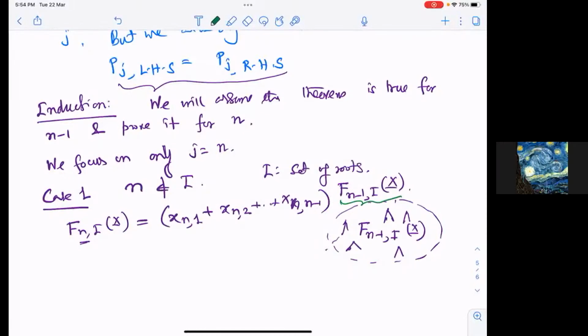Sir, but then no element will have n as its parent, right? No element will be connected to n as its parent. One minute. You are saying no element will be connected to n as a parent. Yeah. No, because remember that what I am trying to do is extract the things that do not have this kind of variable xin, because I want to prove that pj LHS equals pj RHS.